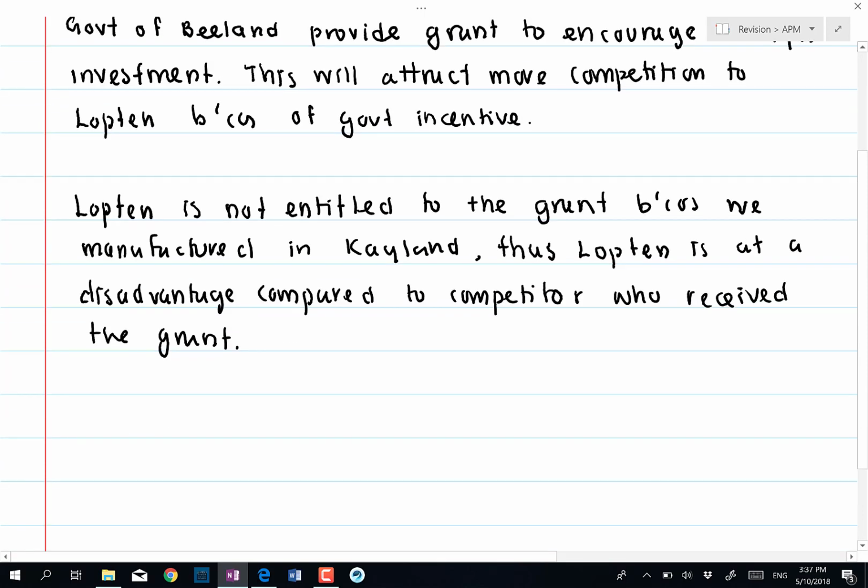Those who receive the grant will be at an advantage. So this is the impact.